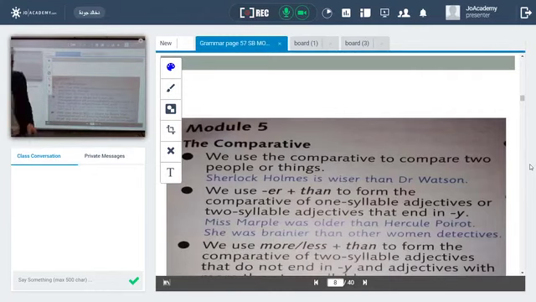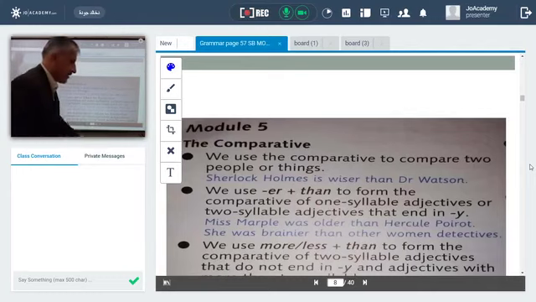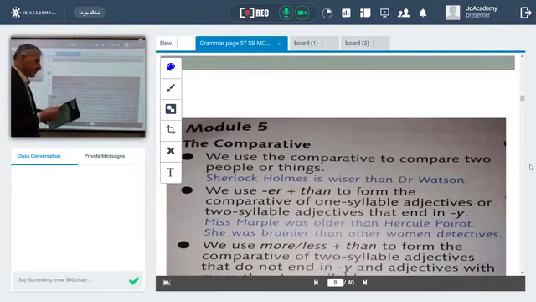Here in the grammar rules, the comparative, if you go to module 5, I think it will be in the student's book, page number 87.